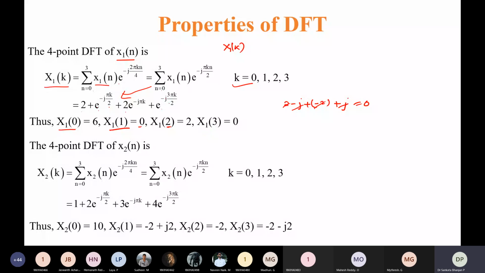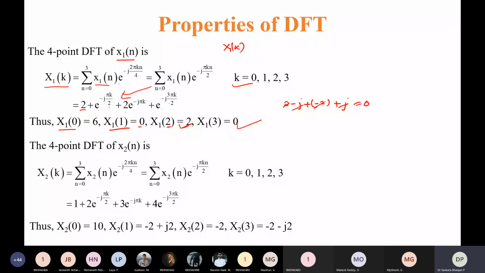The value will be 1, because all the plus and minus values cancel, so the only value remaining is 2. So x1 of 2 is equal to 2. In the same manner x1 of 3 is equal to 0. So these are the individual values of x1 of k: x1 of 0, x1 of 1, x1 of 2, x1 of 3.